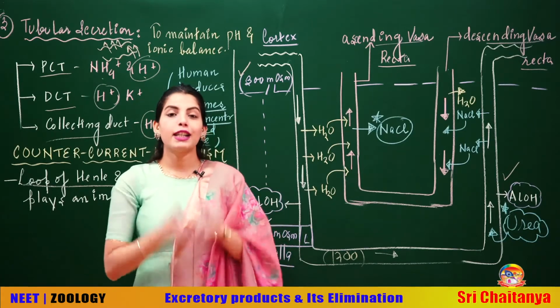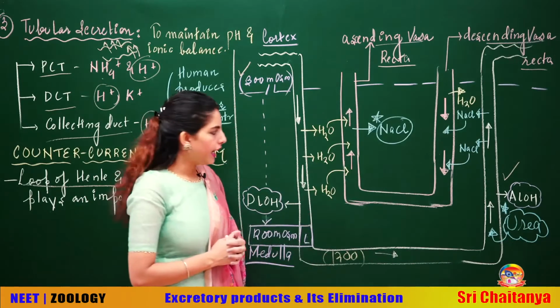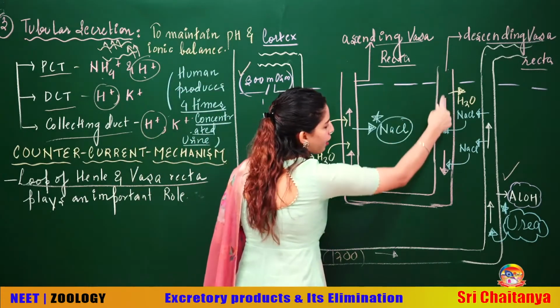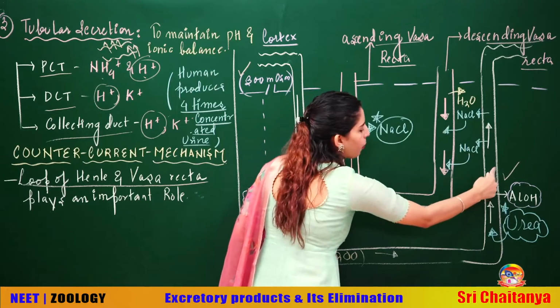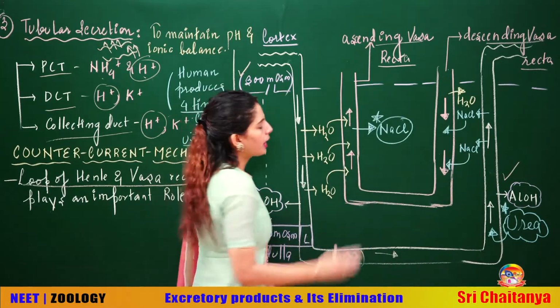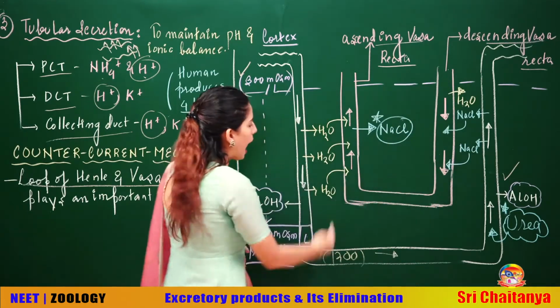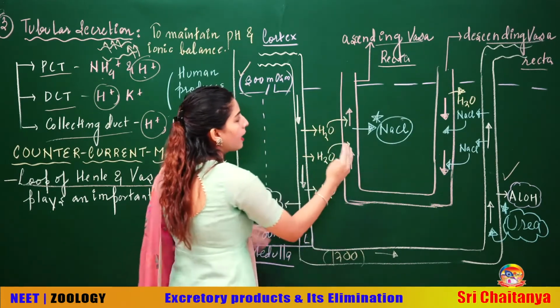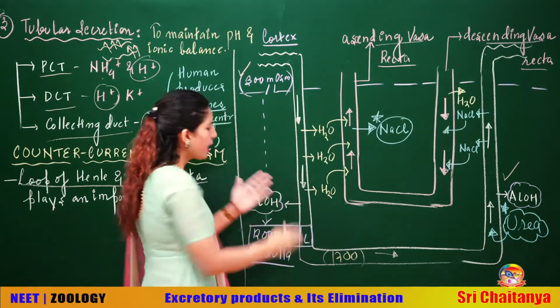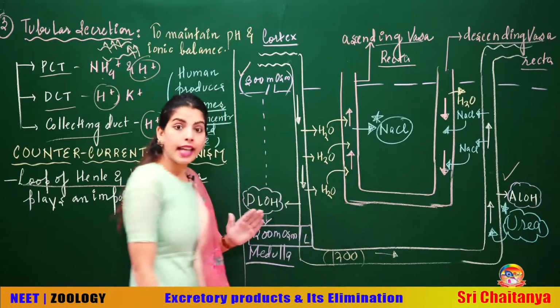Not only this, the vasa recta, which runs parallel with the ascending loop of Henle, is called the descending vasa recta, obviously. Look at the flow of the blood in the downward direction. And the vasa recta that moves parallel with the descending loop of Henle is called the ascending vasa recta.